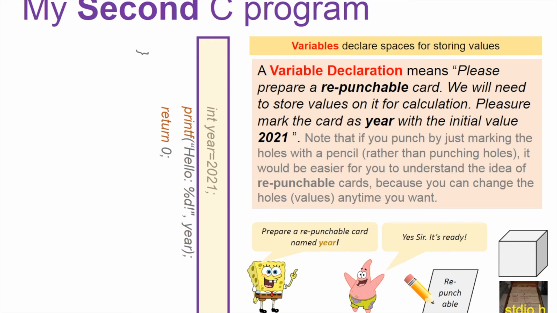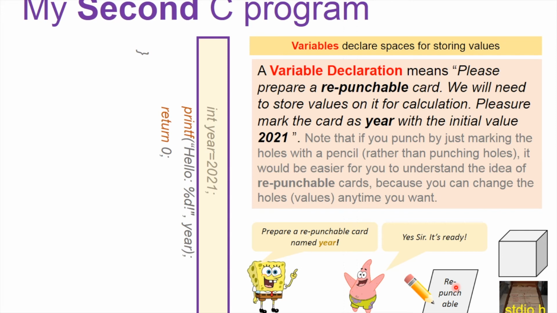The idea of the repunchable card is that we are not actually punching the holes in that card, because once you punch the holes you cannot change them. We can mark those holes with a pencil, so if later we want to change the value of that card, we can use the pencil to do it easily. So that's the idea of a repunchable card.